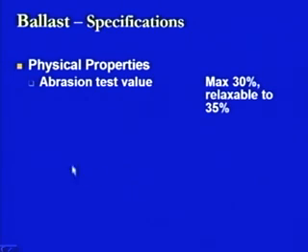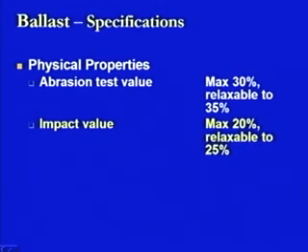This is found out by conducting the abrasion test, and this abrasion test value at the maximum can be 30%, and in some cases with prior permission from the authorities can be relaxed to 35%. This 30% or 35% defines the amount by which the material can be reduced to powder form, and this is the maximum value.